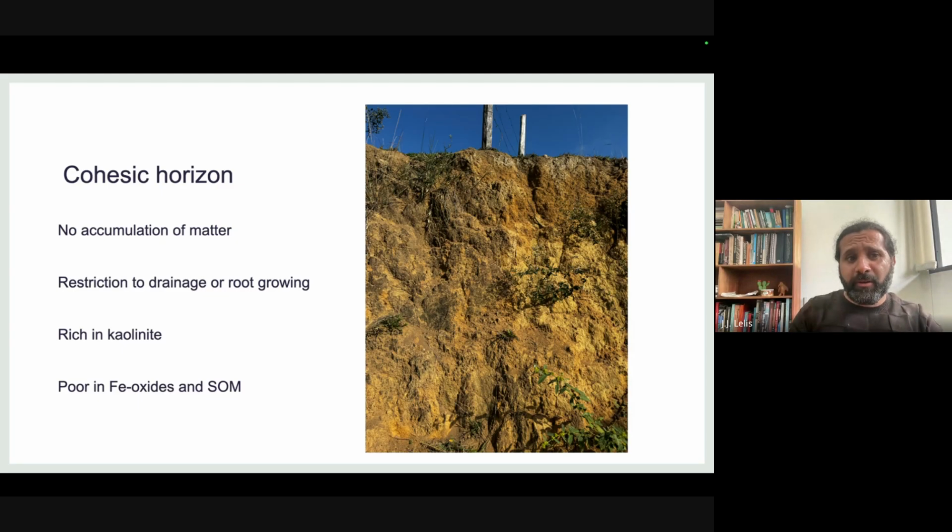This coesic horizon is quite common in the tropics, especially in soils formed from kaolinite-rich materials in very well-developed environments like wet tropical climate conditions, and iron-poor parent materials.